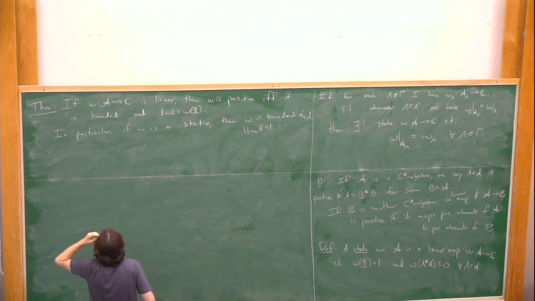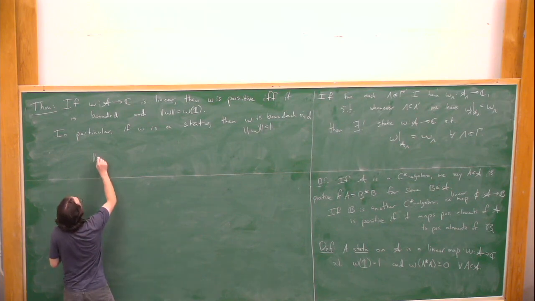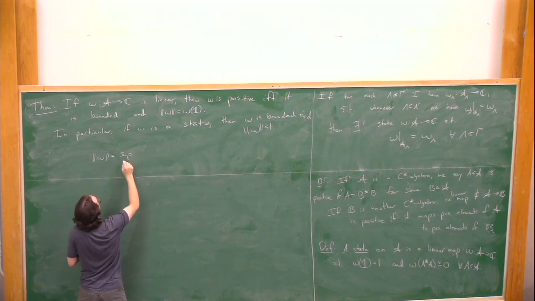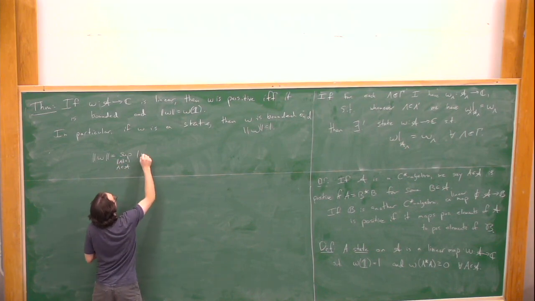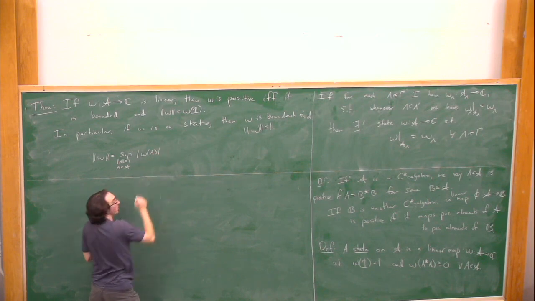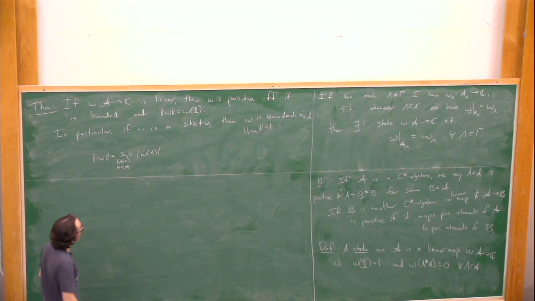So the norm of a bounded linear map is equal to the supremum, in this case over all norm 1 elements of the C-star algebra, of omega of A. So it's just like the operator norm on B of H. OK, so some examples.